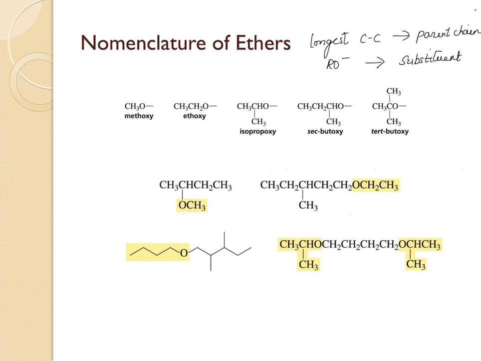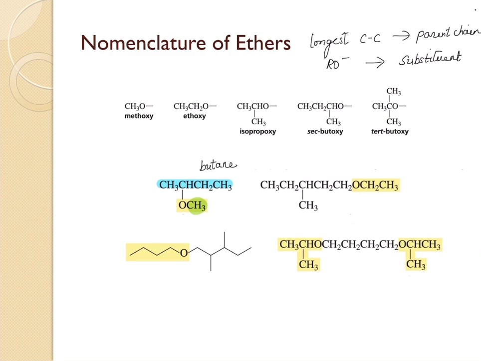Let's do this with an example. Here is our first ether molecule. And we can see from here, there are two alkyl groups. There is a methyl group here, and there is a butyl group here. Between these two groups, which one has got the longest chain? Obviously the butyl group, and therefore that should be the parent name. And the parent name here should be butane.